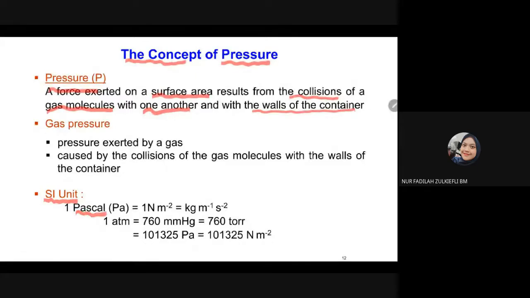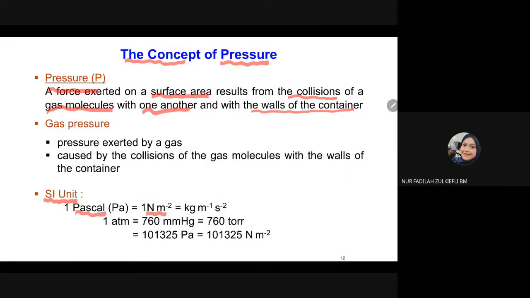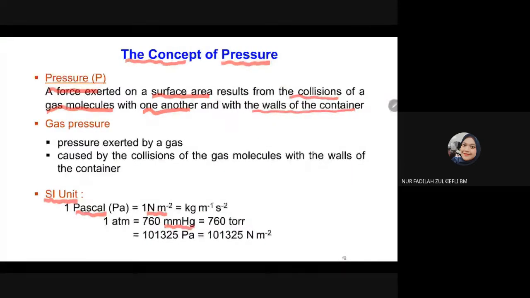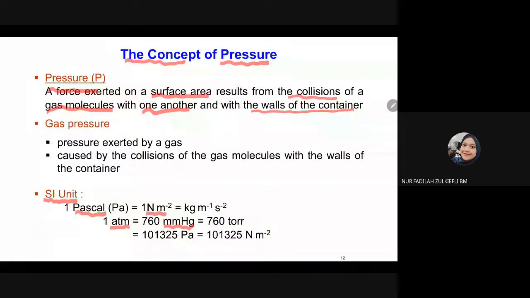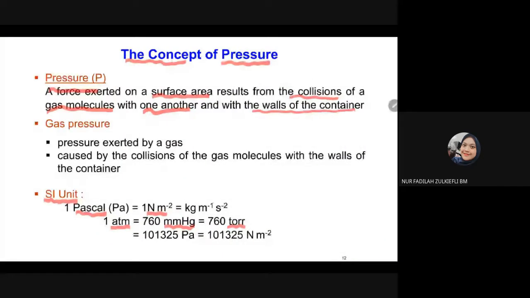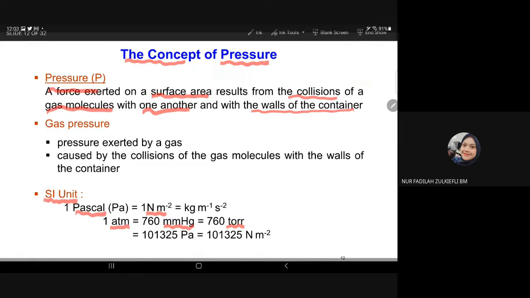Okay, bukan movie Pascal tu, Pascal. Okay, kita ada Newton meter, kita ada millimeter mercury, mmHg, kita ada atmospheric pressure, ATM, kita ada torr. Kita bukan setakat belajar satu unit je untuk this level. So student kena pandai convert unit.